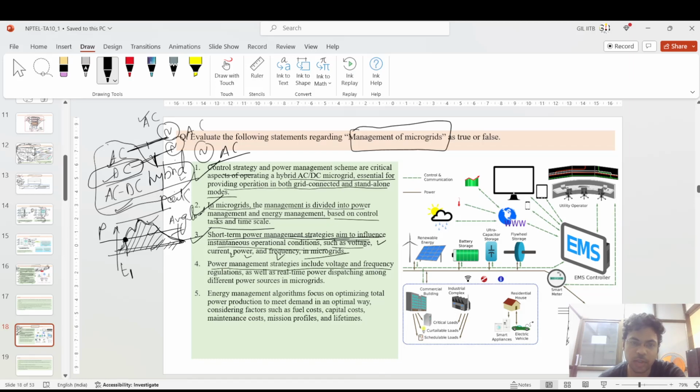In the first statement, if you read it, it says power management strategy includes voltage and frequency regulation as well as real-time power dispatching among the different power sources in the microgrid. That is also true. What I have told you in the PT curve is actually the load curve. How much power you have to inject has to be forecasted based upon the previous load curves.